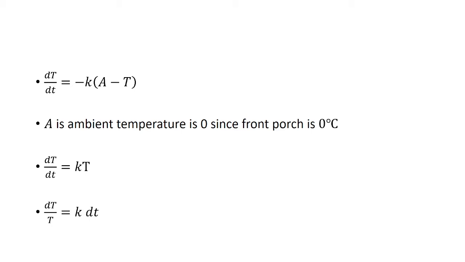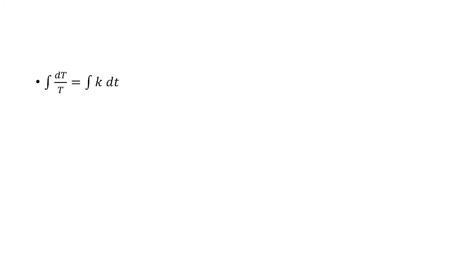And then from there we can divide both sides by T and multiply both sides by dt. So now we have a separable differential equation where we can integrate both sides, get ln of T equals kt plus C. Now we're going to do e to both sides.